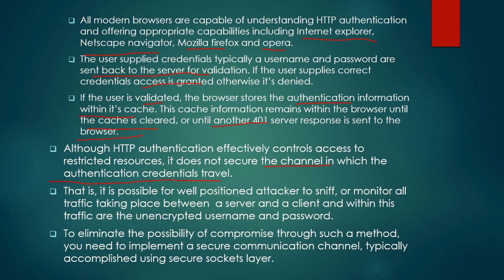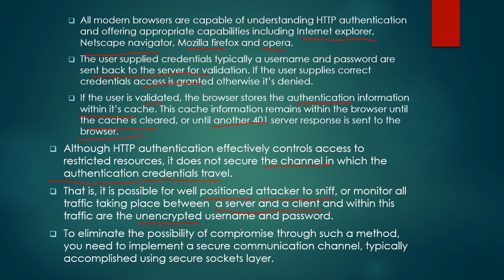It is possible for a well positioned attacker to sniff or monitor all traffic taking place between a server and a client, and within this traffic are the unencrypted username and password. There are many encryption algorithms that we make use of so that we can provide security to the user data.